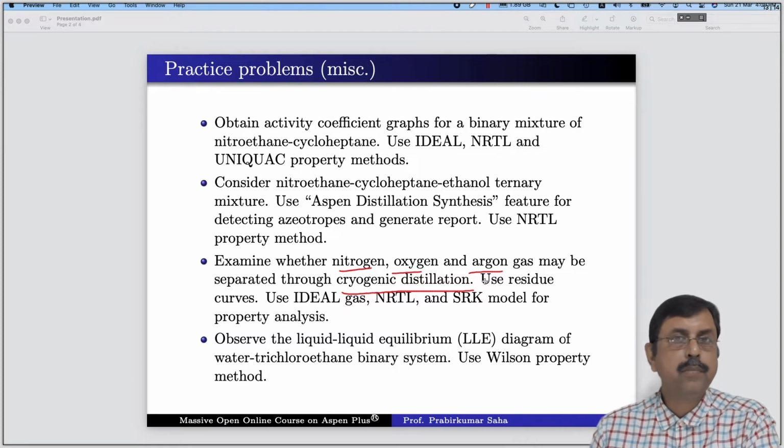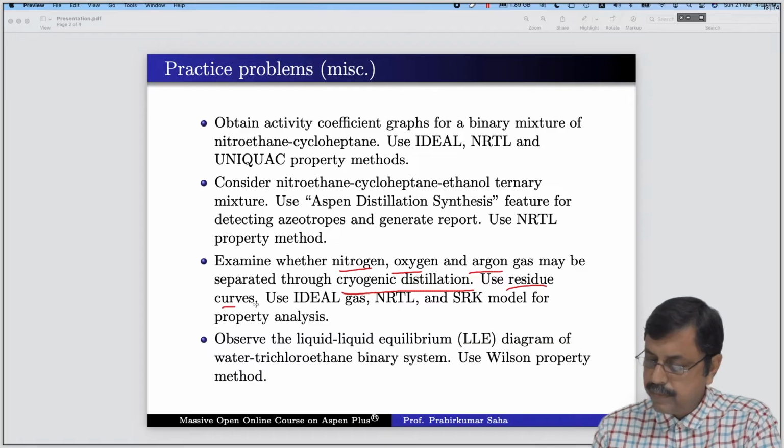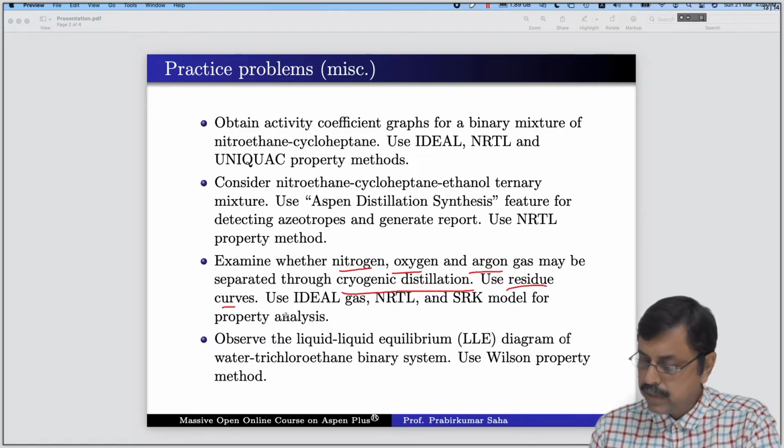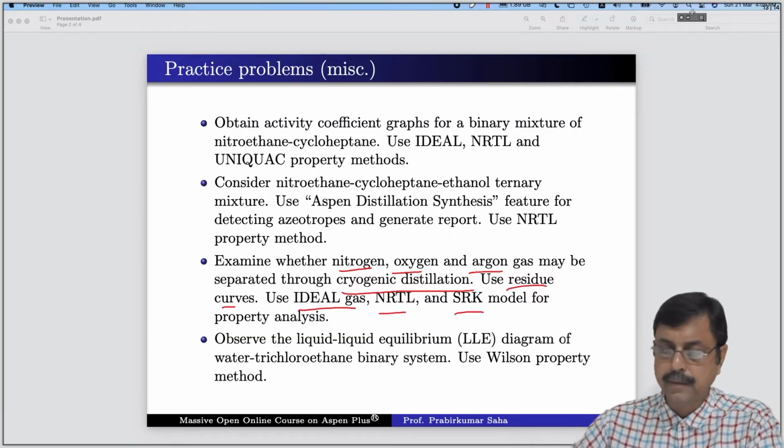So their boiling points are much below 0 degrees centigrade. So we have to see whether they can be separated through cryogenic distillation. And we will examine it using the residue curve. For that, we shall use the ideal gas method, inertial method, and SRK model for property analysis.